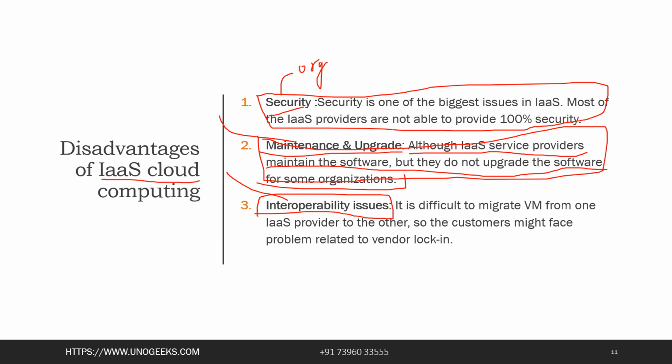Because, see, the third point is vendor lock-in. Whenever you are doing a migration, I just told you one of the examples. Some of the migration issues, suppose I'm doing a migration from on premises to cloud.